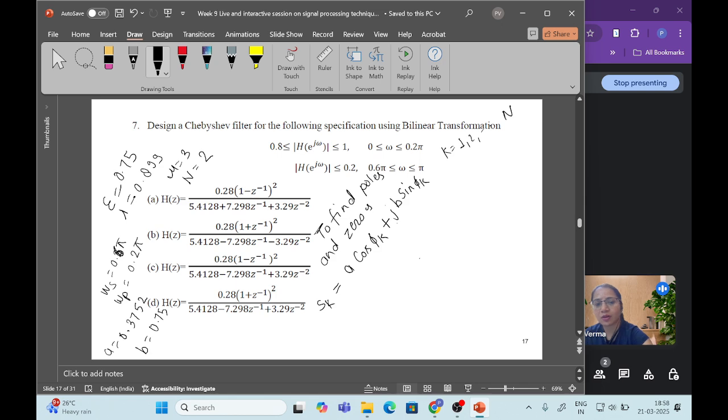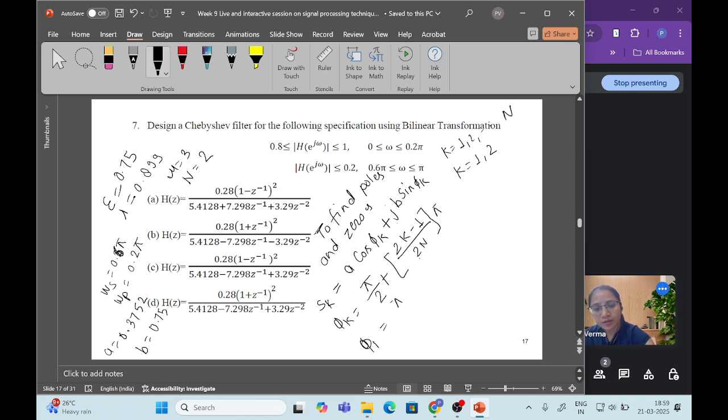N is the order of the filter. So n is 2, that means K will vary over 1 and 2. Right? Now how will you calculate that phi k? For phi k the formula is pi by 2 plus (2k minus 1) divided by 2n times pi, where k will vary the same. Okay, now first we will get phi 1.